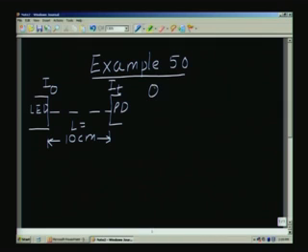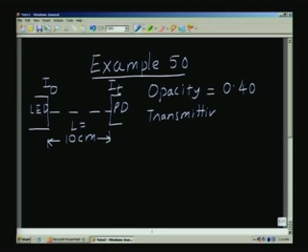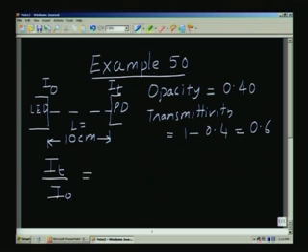the opacity is in this case 0.4, that means the transmissivity is 1 minus 0.4, which is 0.6. That means that this transmitted amount I_T divided by I subscript 0 is 0.6, that is what it means.